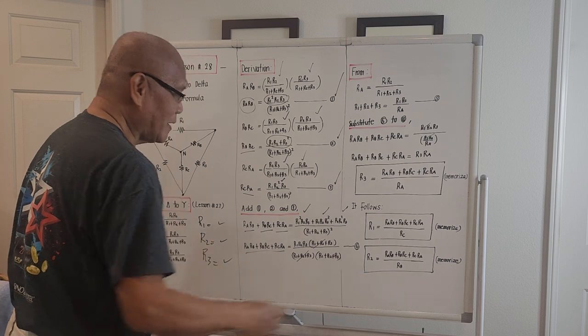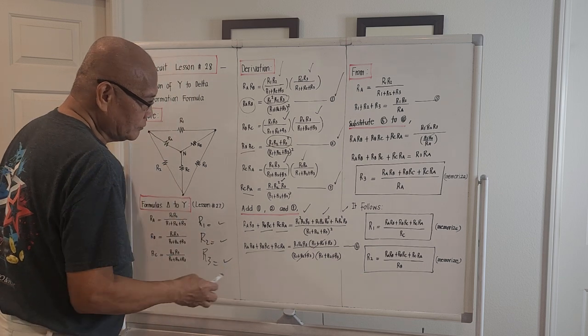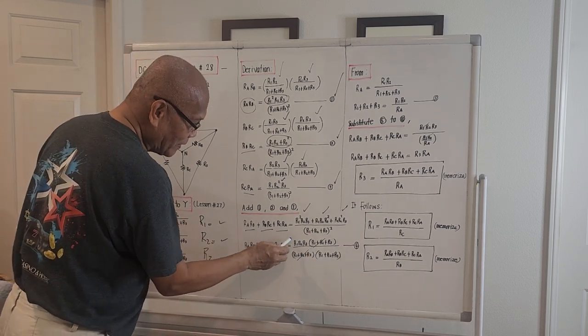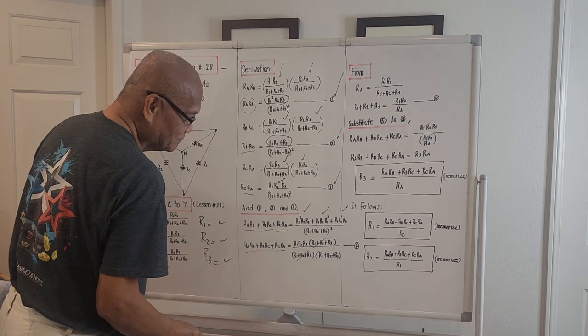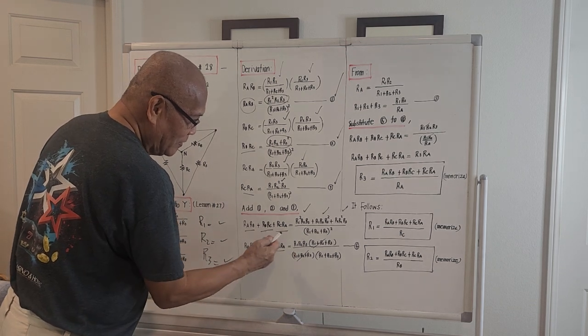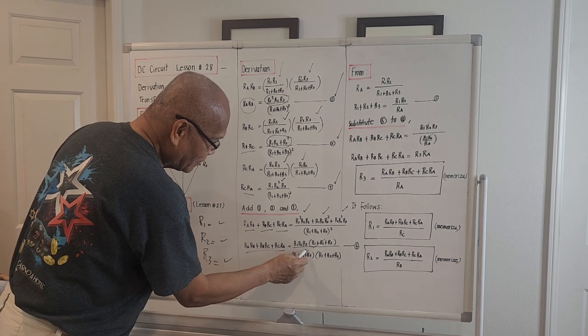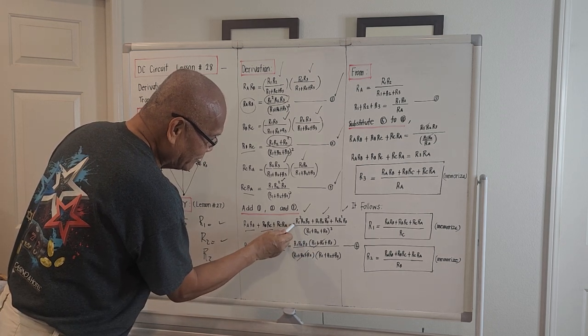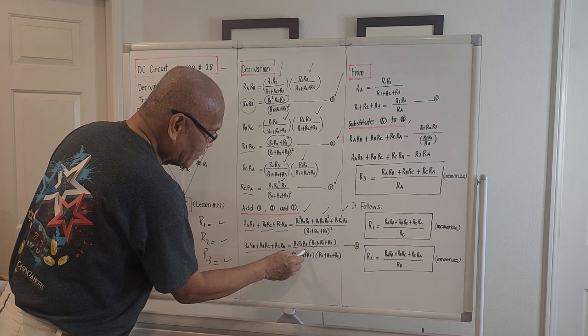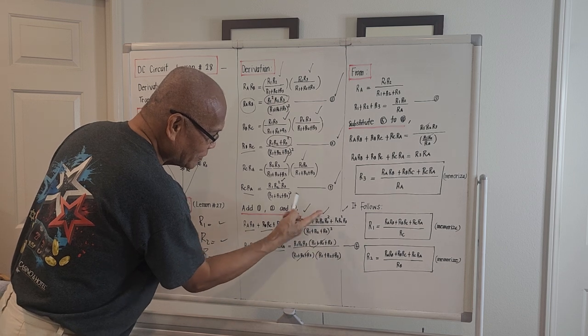For the right-hand side, there is a common factor. The common factor is actually the product R1, R2, and R3. Okay? The first quantity is R1 because R1, R2, and R3 times R1 is actually the first one. And R1, R2, and R3 times R sub 2 is actually the second one.